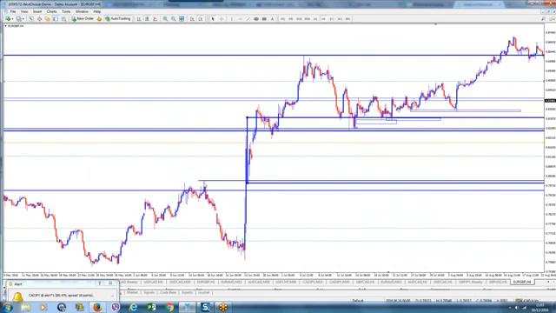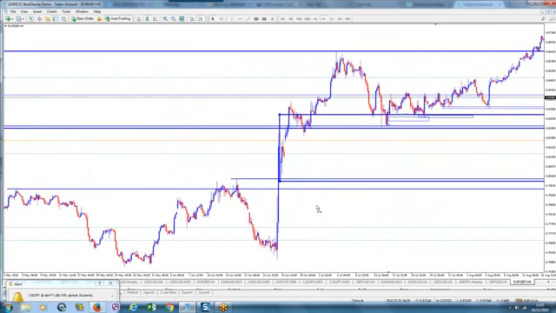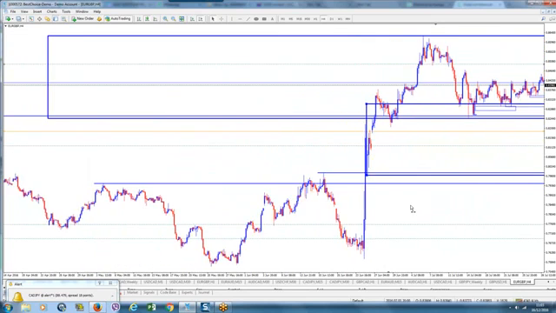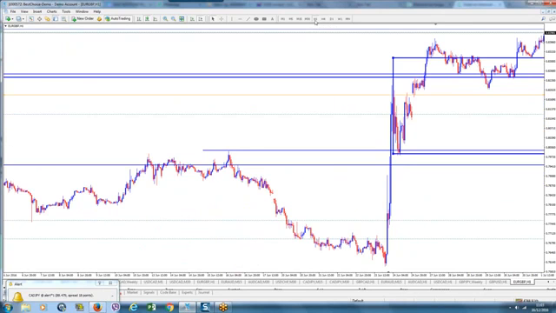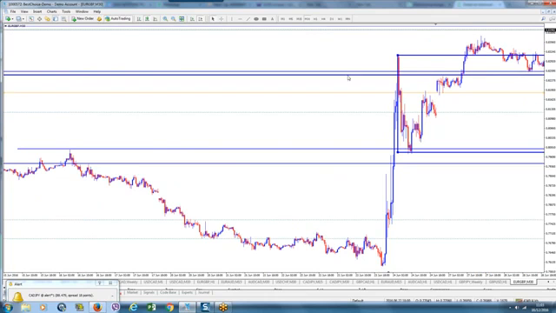And then this one. This guy. So the kink on this one is inside this candle. We have to check the retrace, of course. So now it's inside this candle.